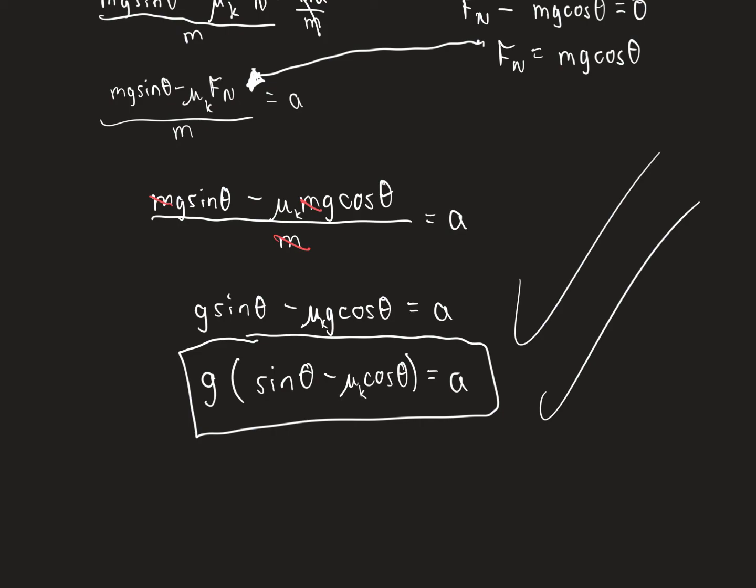So we just did math with just letters, no numbers. No calculator needed. So this you could use for any block that you have sliding down an incline that has friction to find the acceleration. Does it matter what the mass of the block is?